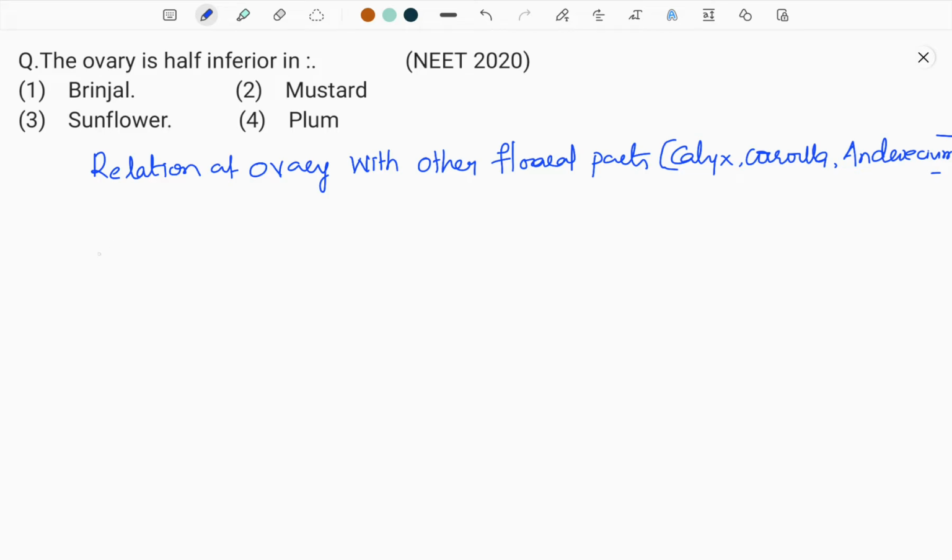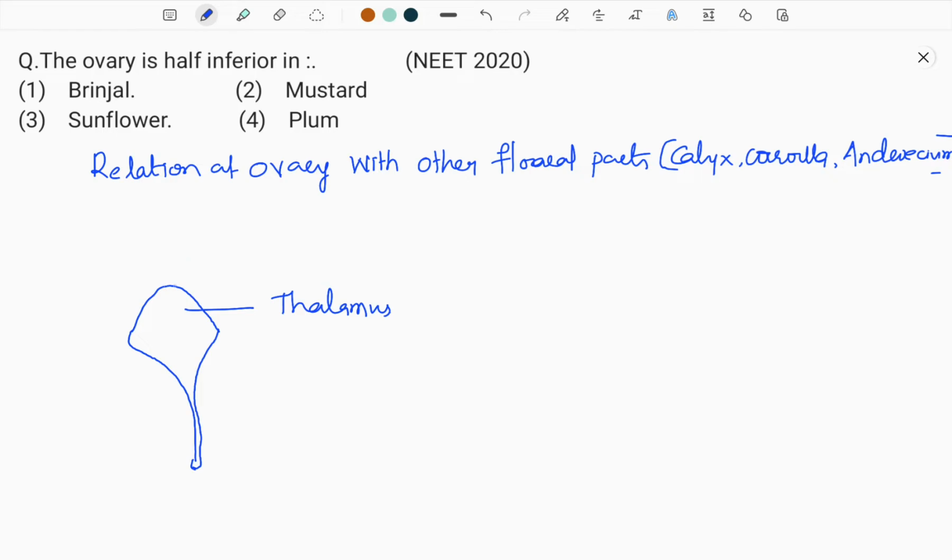See, we know thalamus is the tip of the pedicel. This is the thalamus that I am trying to draw here. In some plants, the thalamus is conical. This is the pedicel, and this is the thalamus, the tip of the pedicel.